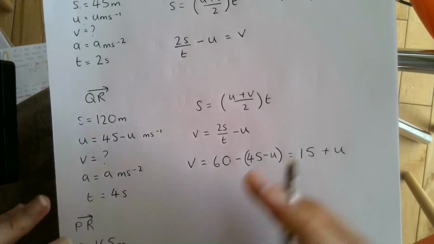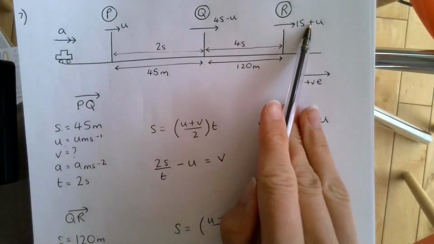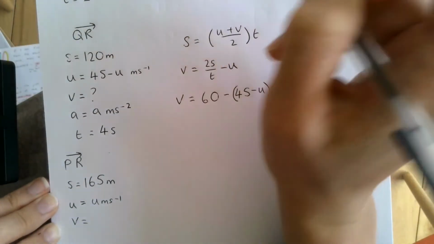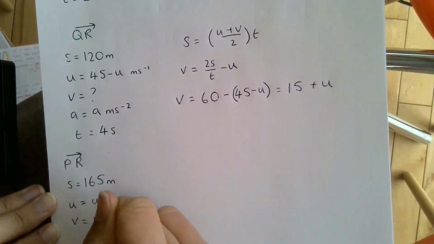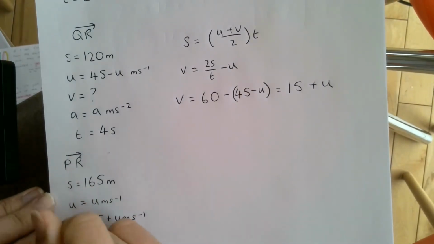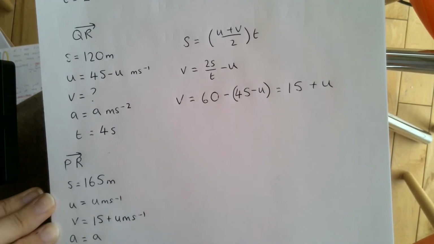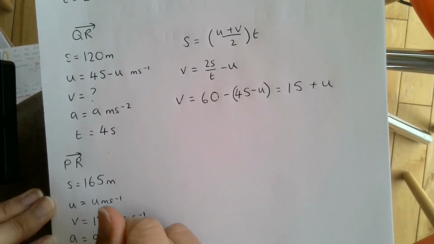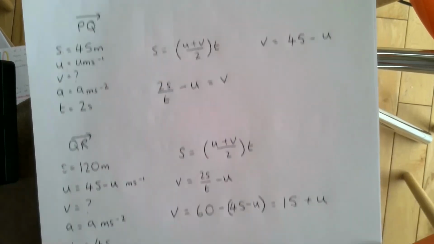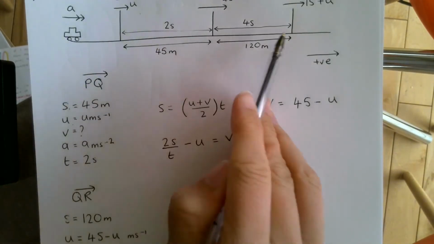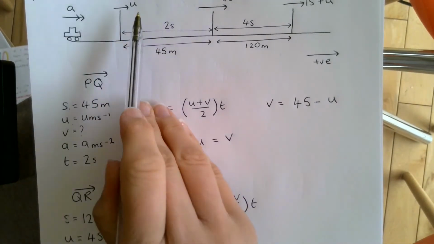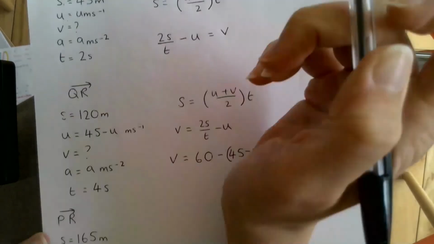The final velocity is the velocity at R, which is 15 plus u metres per second. The acceleration is a, as it has always been, and the time taken is, well, it took 2 seconds to do this bit and then 4 seconds for that bit, so that's 6 seconds to go from P all the way to R.